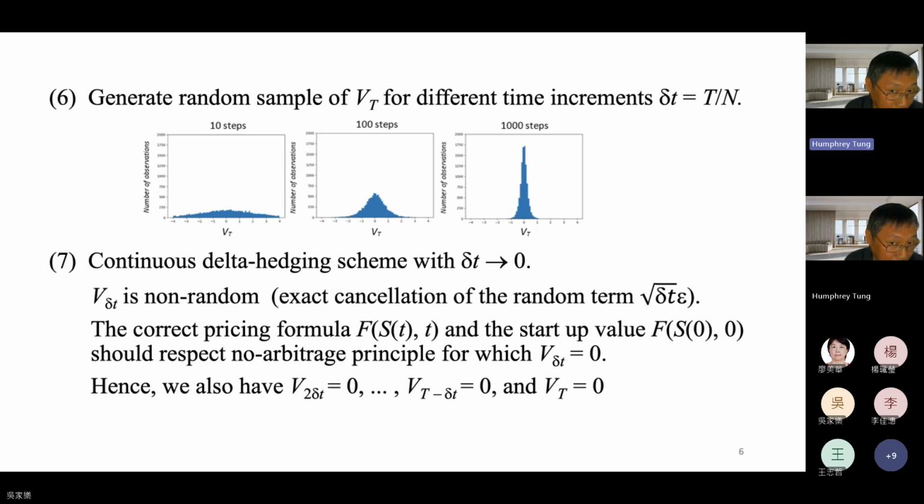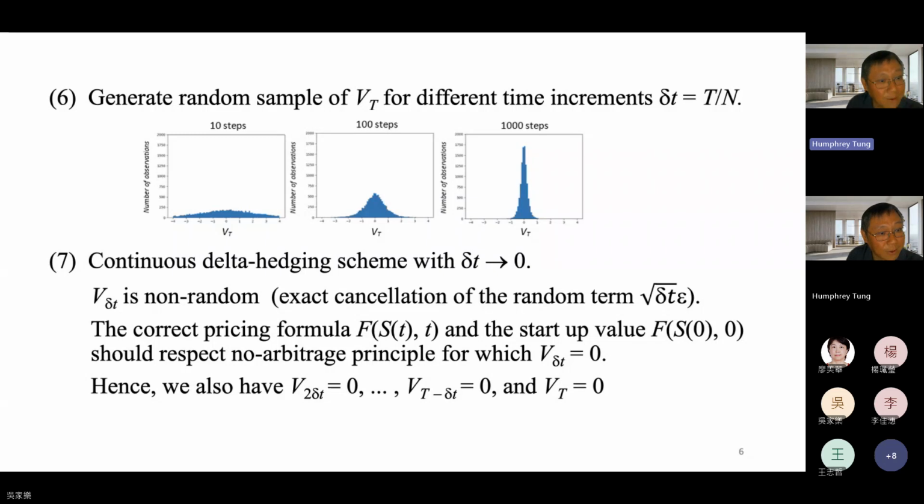Then at the end the portfolio settlement value will be random, actually highly risky. You can see I simulated 10,000 scenarios. Every scenario has a maturity value, the profit and loss of the seller, and you can see it is uncertain.